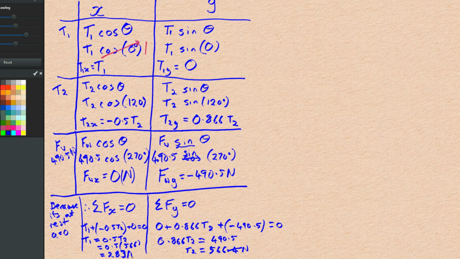83 newtons. Okay, and those are my answers. T1 is equal to 283 newtons, and T2 equals 566 newtons. This isn't the answer to the y component of T2. We use the y component of T2 over here, but our definition was in terms of the magnitude of T2, and our answer told us the magnitude of T2.